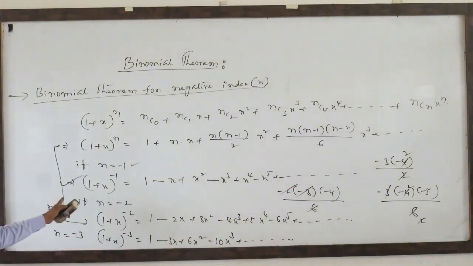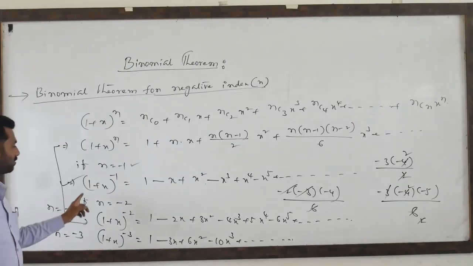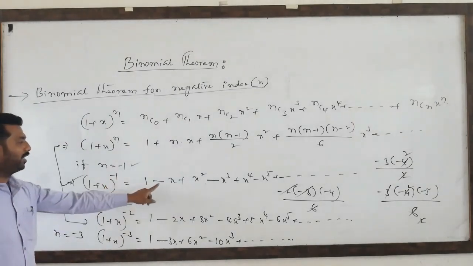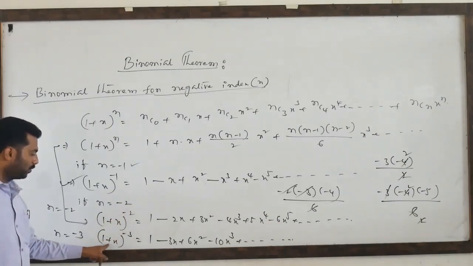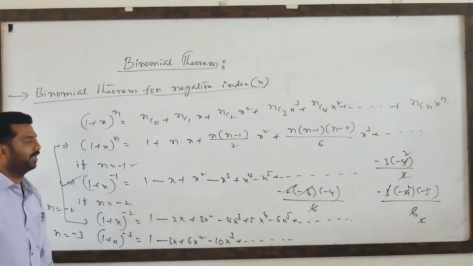So like that we write the binomial expansion of (1 plus x) whole power minus 1 like this, (1 plus x) whole power minus 2 like this, and (1 plus x) whole power minus 3 like that.